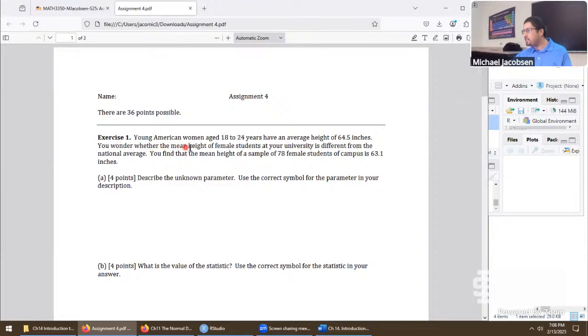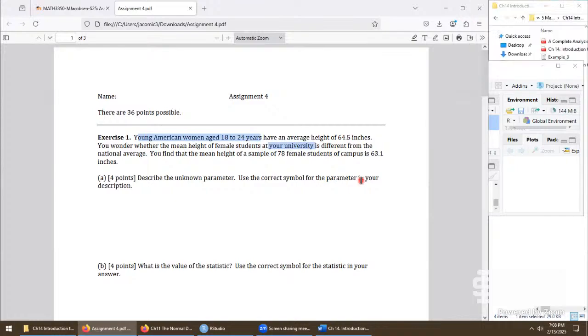You wonder whether the mean height of female students at your university is different from the national average. So a good way to start on this one is the population would be women of this age, but they have to come from your university. That's going to be the gist of the population on this one.